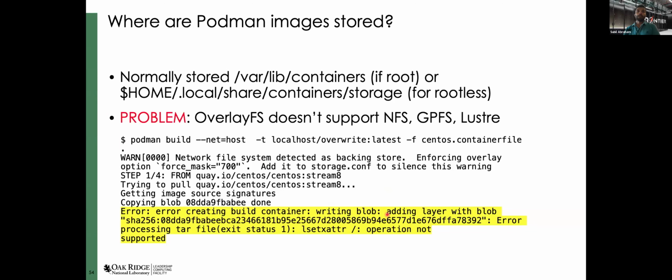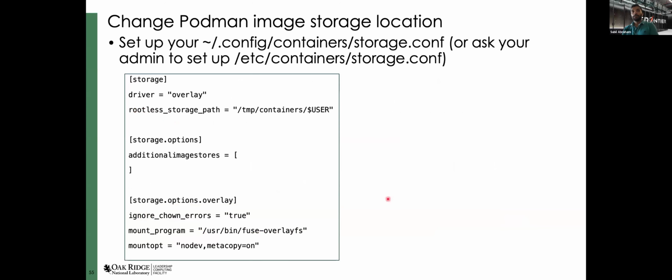This is because OverlayFS is a software utility which allows you to provide a single uniform view of those multi-layered images. That is not supported by these network file systems. So you have to set your backing store location at a location that is not NFS, GPFS, or Lustre.